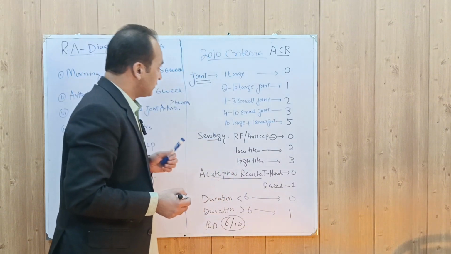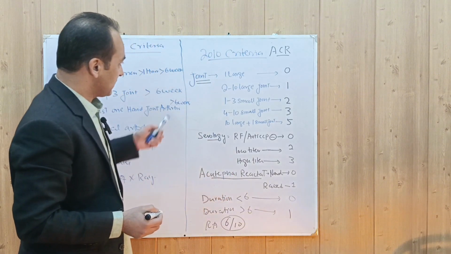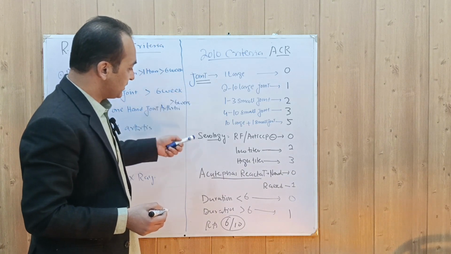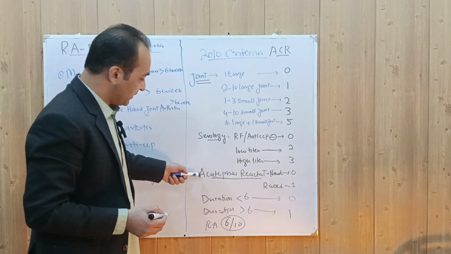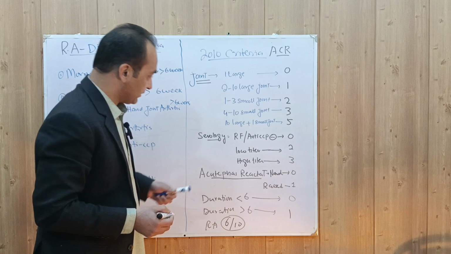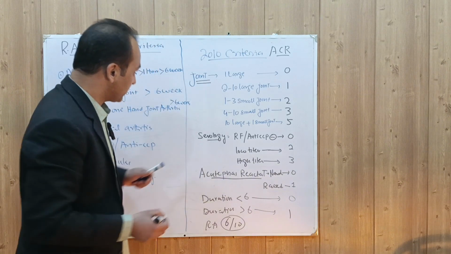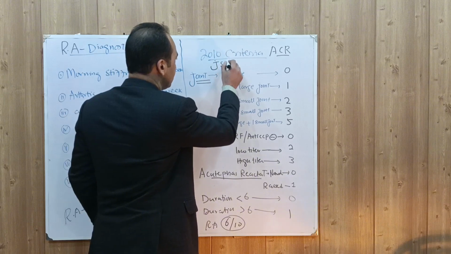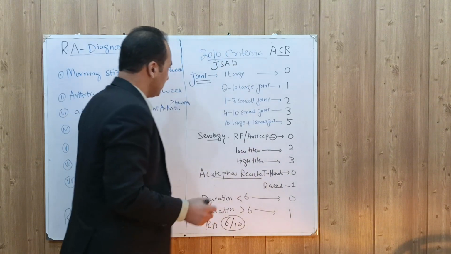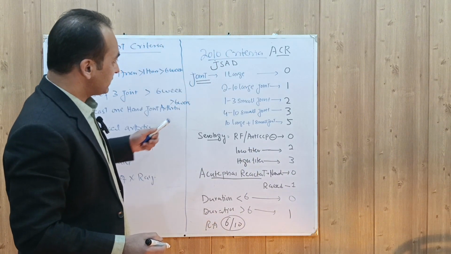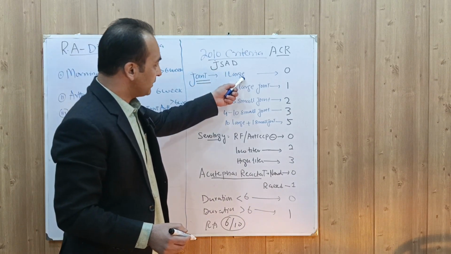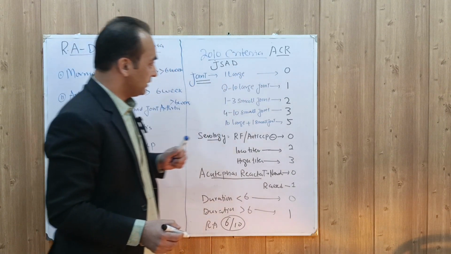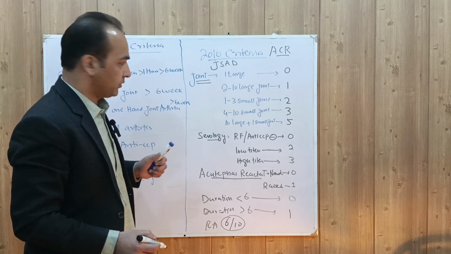This criteria includes 4 components: joint involvement, serology, acute phase reactant and duration. To easily remember these 4 components, the mnemonic JSAID is used. Now in the joint involvement, if there is 1 large joint involvement, it has 0 score.